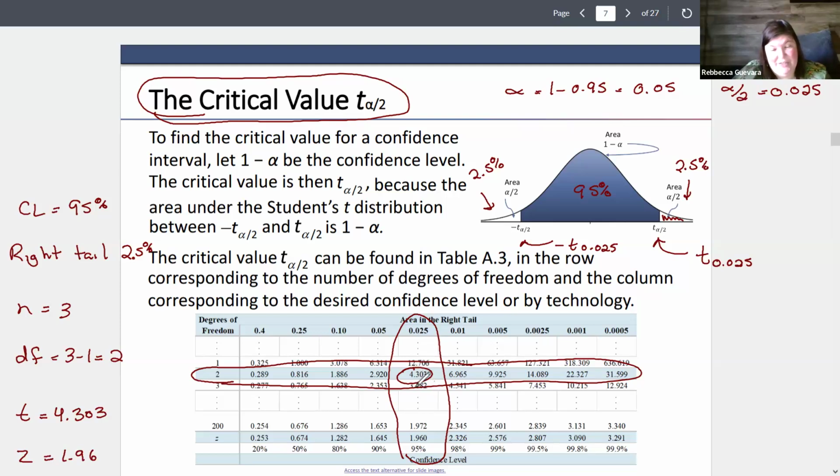If you notice here that these t-scores, if I had 1 degree of freedom, it's almost 13. If I have 3 degrees of freedom, then that t-score is 3.1. If we get to 200 degrees of freedom though, we get 1.97. Eventually, this gets closer and closer to looking like that z-score.